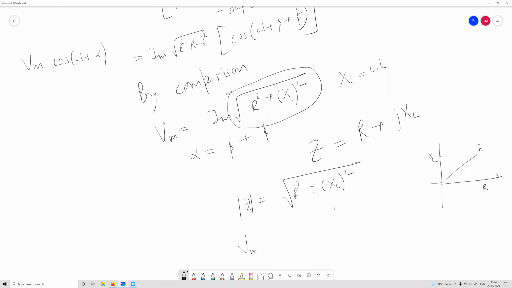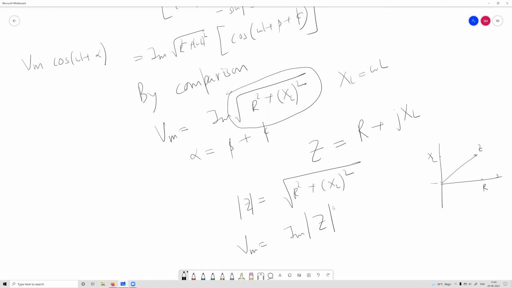So Vm equals Im mod Z. And Z is a complex number.